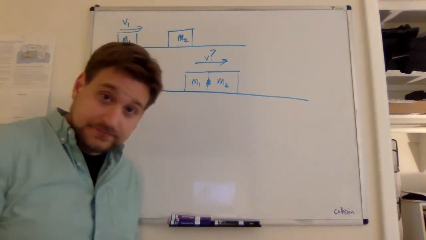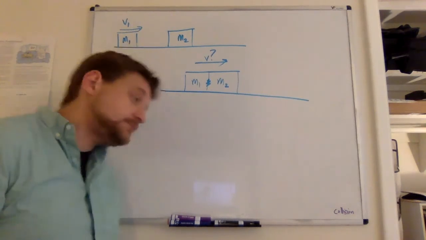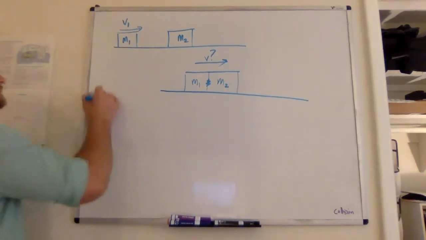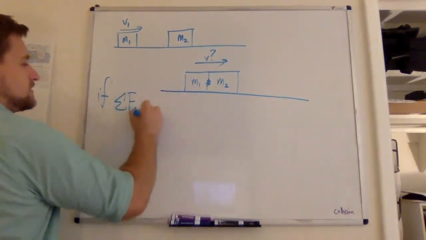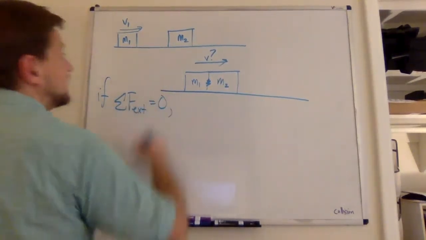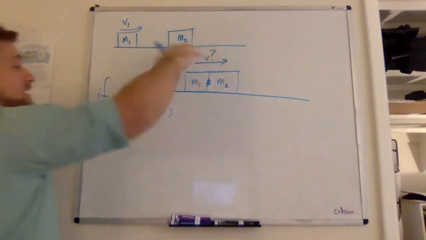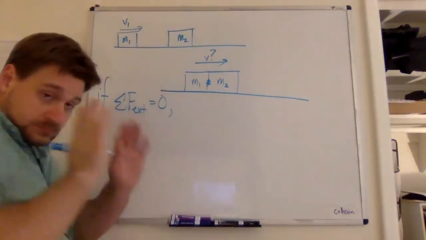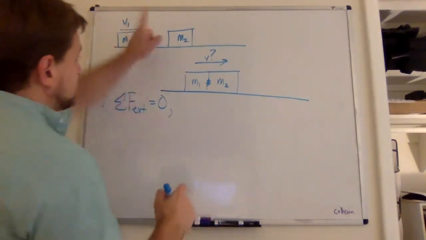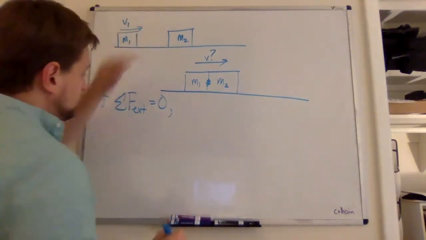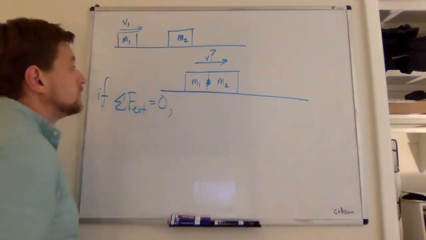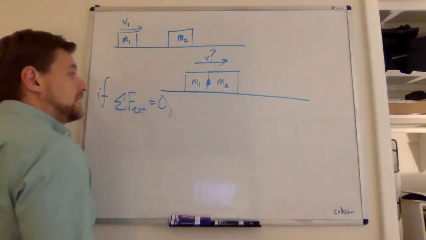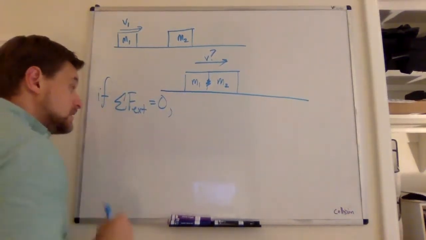If the sum of the external forces on the system is 0, and if it's frictionless, then there is no friction. There is normal force and there is gravity, but they add to 0 because they are directed opposite each other and equal in magnitude.